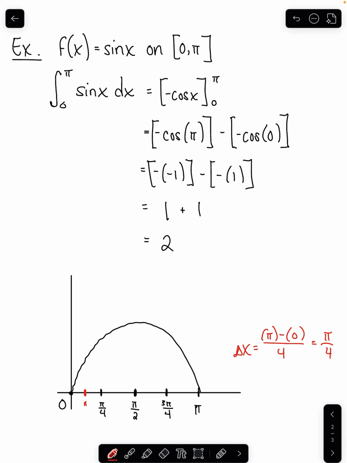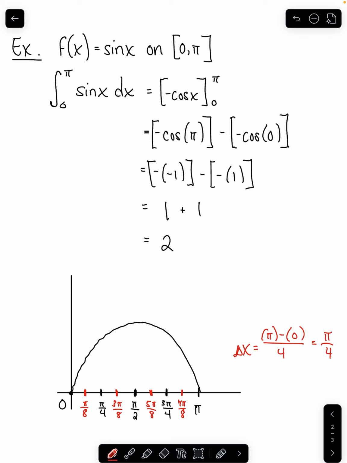That would be pi over 8. And if we add pi over 4, well, we could think of pi over 4 as 2 pi over 8. Adding 2 pi over 8 would get us to 3 pi over 8. And then 5 pi over 8. And then 7 pi over 8.